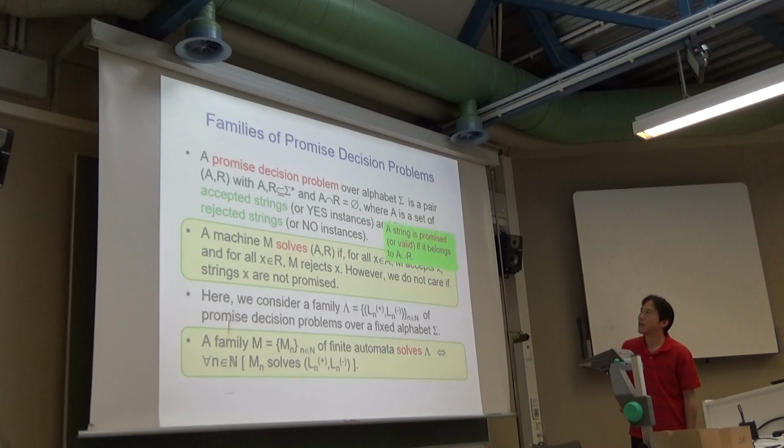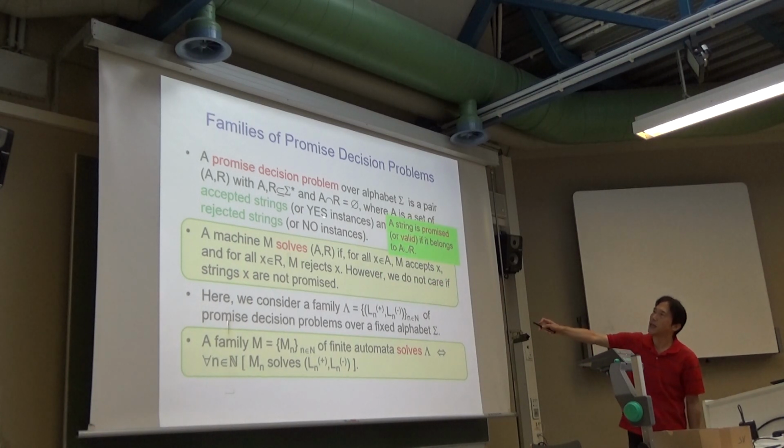Now, either yes instance or no instance, those instances are called promise or valid. So we don't care about the invalid instances. We only care about the promise or valid instances. So that's slightly different from the standard language setting. Okay, now we will consider the family of those promise problems.